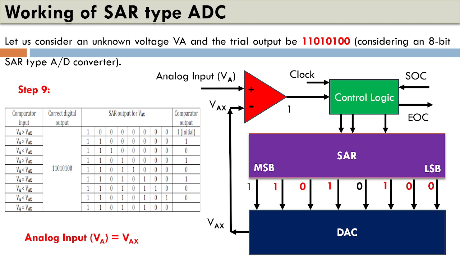You can see one thing: the actual value was received in this particular state, but the procedure went on. In this type of device, all the 8 bits will first be compared, and only then the final result will be accepted, and only after that the end of conversion will be generated.